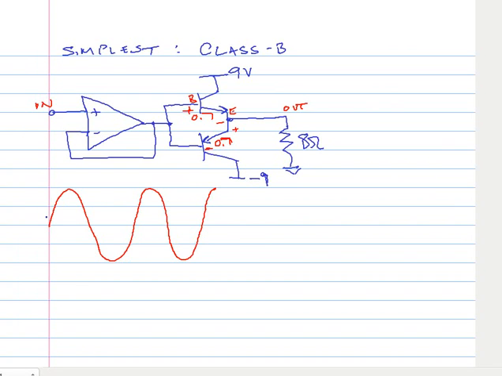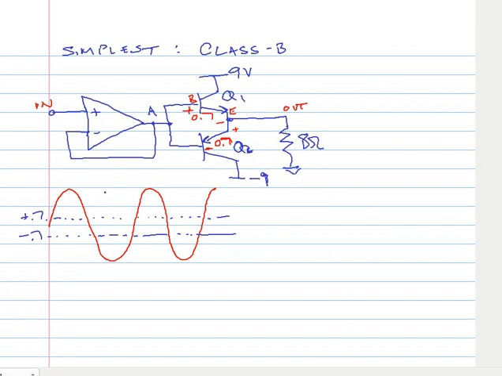And let's note on here plus 0.7 volts and minus 0.7 volts. Now these two transistors won't turn on until the input, which is equal to the value at node A here, is greater than 0.7 to turn Q1 on, or less than minus 0.7 to turn Q2 on.